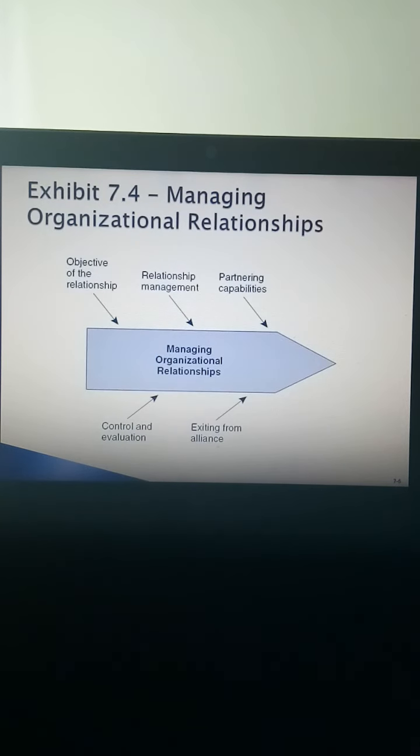So in managing organizational relationships, there are 5 factors to consider when firms manage organizational relationships. The 5 factors are objective of relationship, relationship management, so we are going into detail later on, partnering capabilities, control and evaluation, and exiting from alliance.